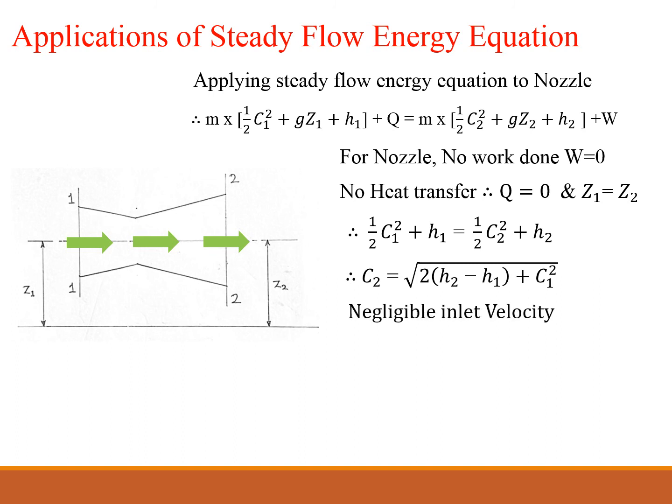But inlet velocity is very small compared to exit velocity, so neglecting the inlet velocity, we get C2 is equal to the square root of 2 into h2 minus h1.